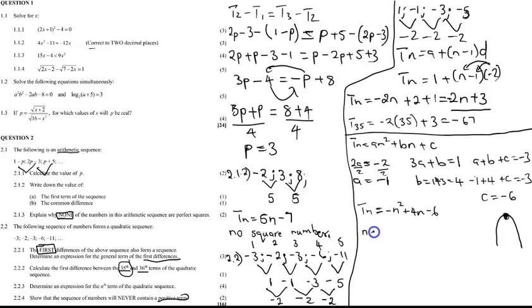So your n is going to be negative b over 2a, which is negative 4 over 2 into our a, negative 1. Then negative 4 over negative 2 is positive 2. So the maximum value here is at term number 2.